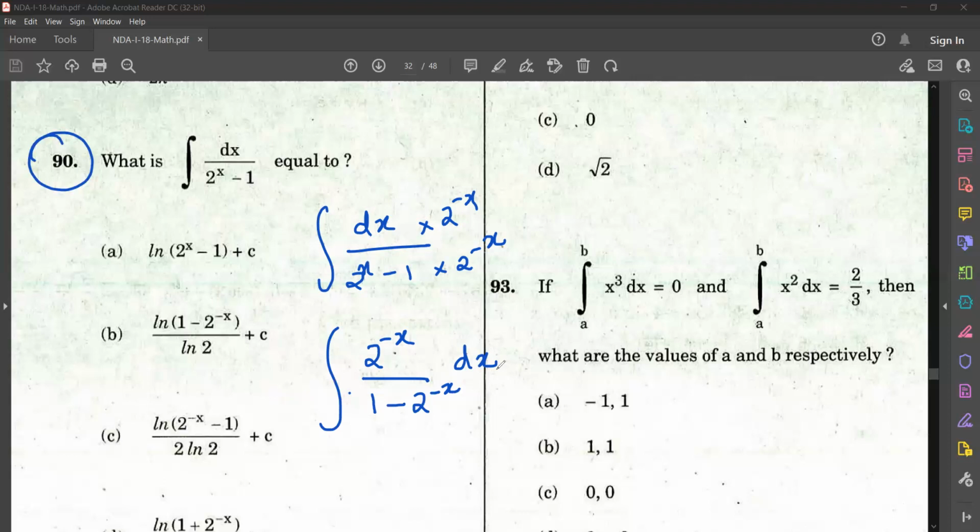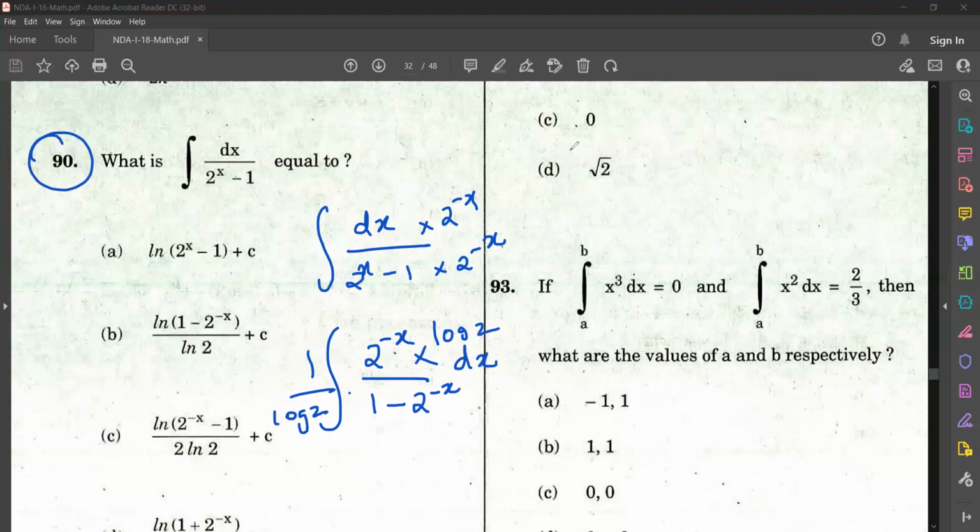Now what you can do is multiply the numerator and denominator by log 2. So I am taking the denominator log 2 outside. Now see what I am going to do. I am going to do a substitution here.